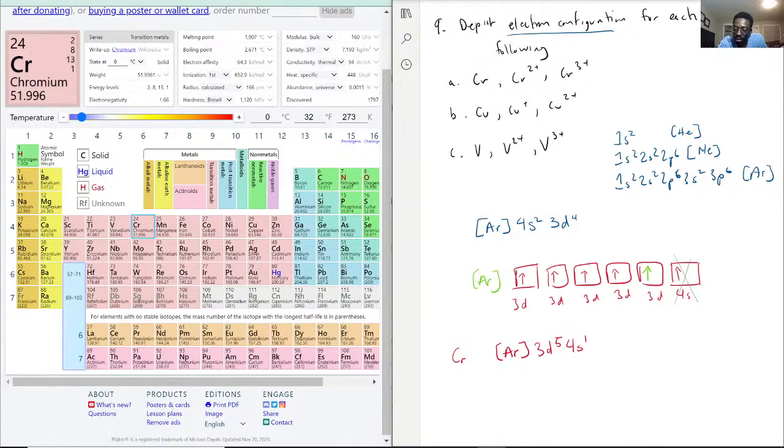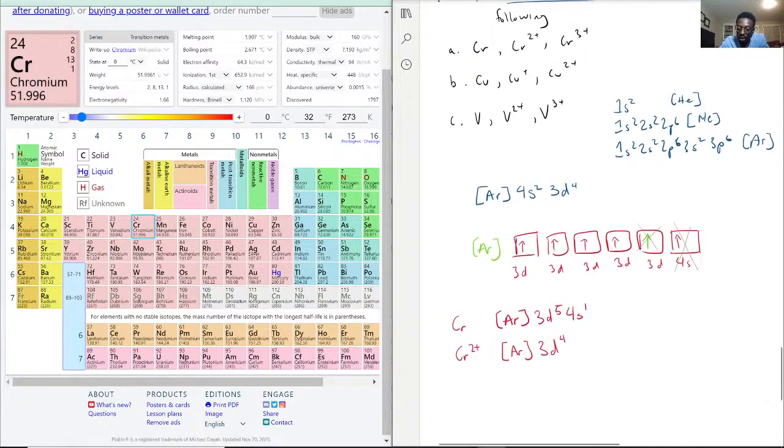This will be the first one it loses, and then it'll lose one of the d electrons. So chromium 2 plus would be Ar 3d4.